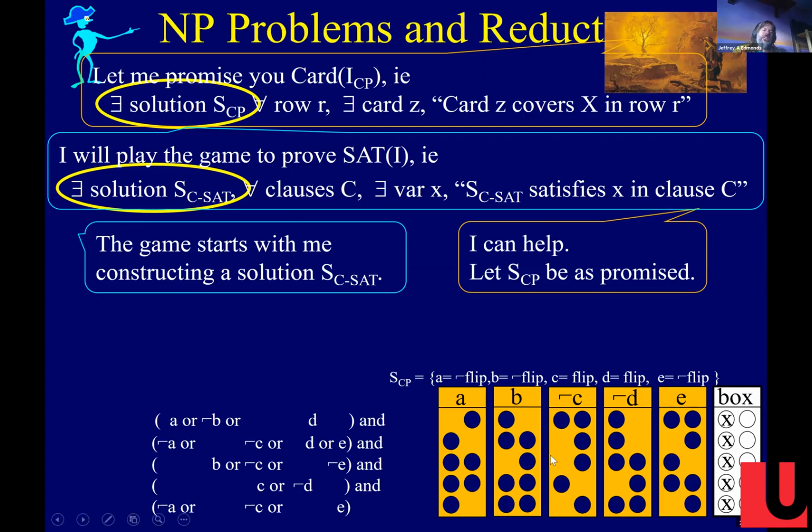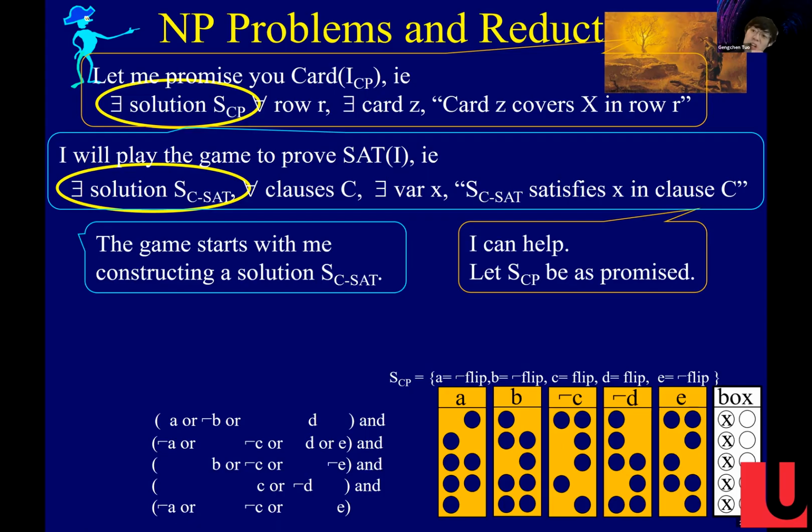And so what am I going to do now? I have to come up with an assignment to the variables. I have to say for every variable whether to set it to true or not. How am I going to do that? She told me, don't flip A. So what value should I give A?